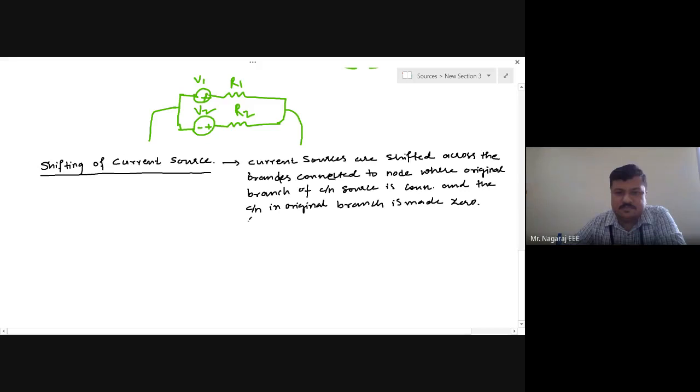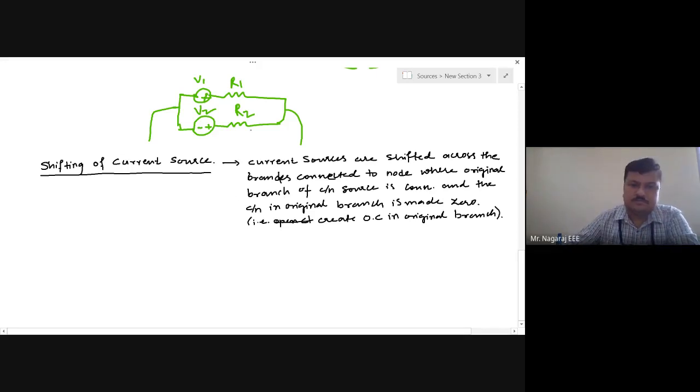Yes, open circuit. That is, create an open circuit in the original branch.